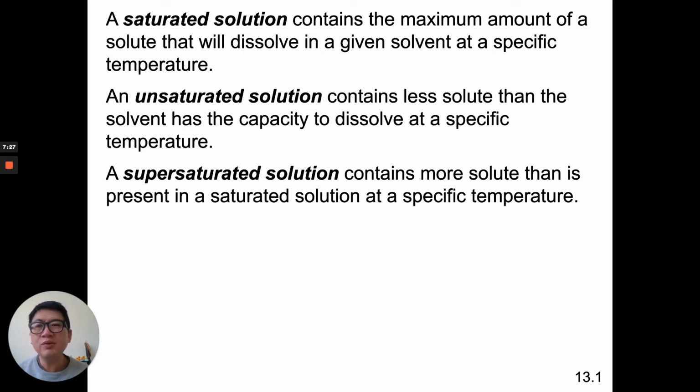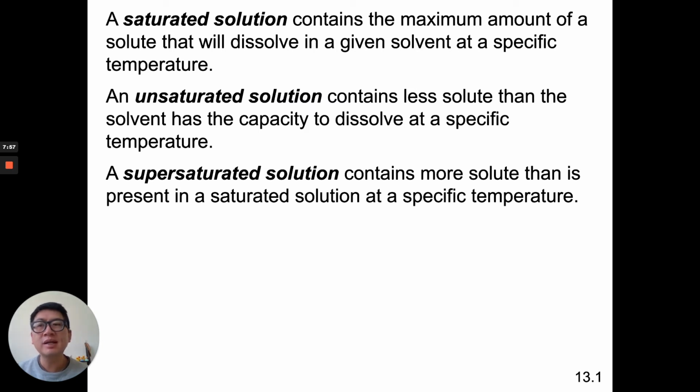I stir, of course, it'll dissolve. I put another teaspoon of salt, stir, it'll probably dissolve. Eventually I'm going to get to a point where I can add salt, but I stir, and it will not dissolve anymore. Whatever that point is for that given quantity of solvent, assuming room temperature, once you get to the point where it will not dissolve anymore, the maximum amount, you have what's called a saturated solution.